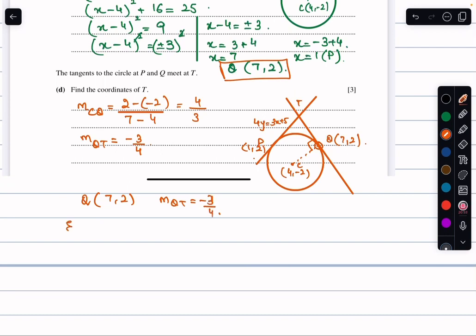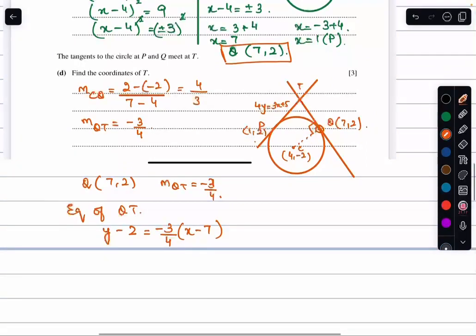So I can get the equation of QT. That would be y minus y1, therefore y minus 2, which is equal to the gradient negative 3 by 4 and x minus x1, which is x minus 7 here.